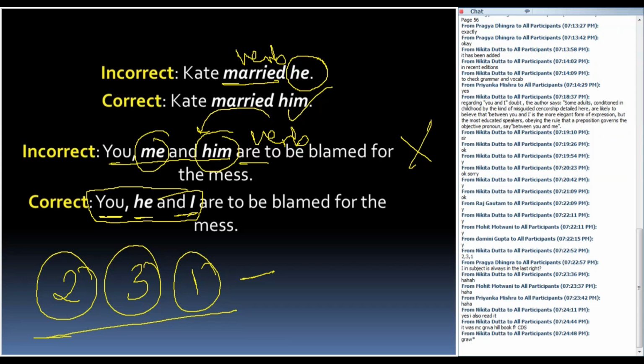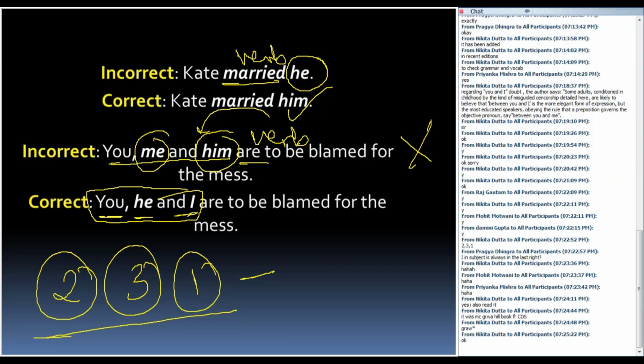I understand. Actually, there are so many books on grammar, and each book will tell you a different rule. So it becomes very problematic. But as far as a very authentic source is concerned, I don't think there is one which actually says that when it comes to taking a blame, you should put yourself first, and when it comes to taking credit, you should put yourself last.